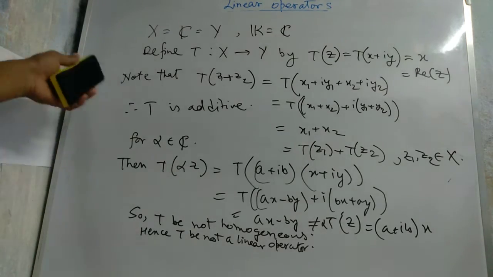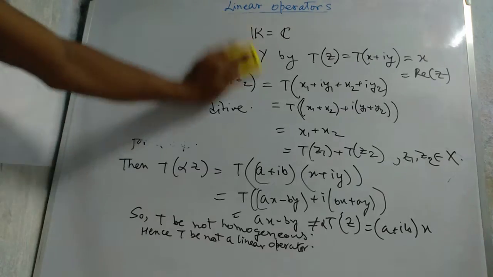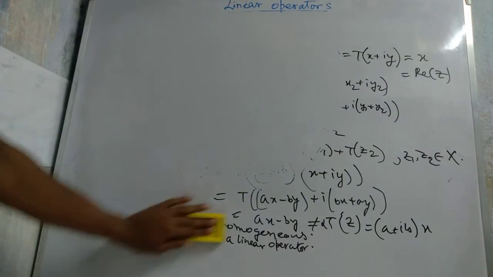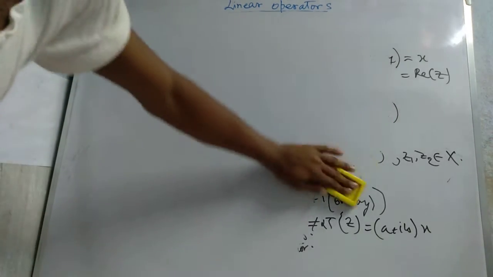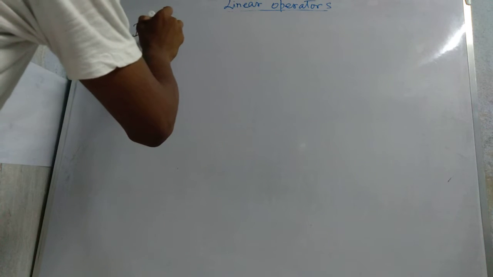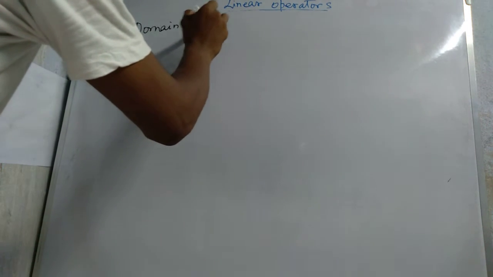Now we go to further definitions: domain and range of a mapping. We know about that, but we also discuss it here because it is a common thing for an operator: domain and range.